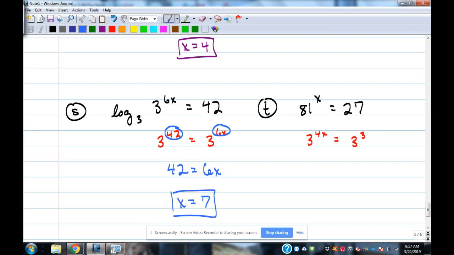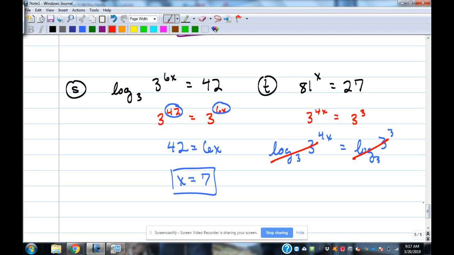The math that makes that work is that you actually take the log base 3 of each side. And the 3 as the base and the log base 3 cancel each other out. That's the logarithmic property that's happening there. The same thing happens here: those two cancel and you get 6x equals 42. It's the same equation.